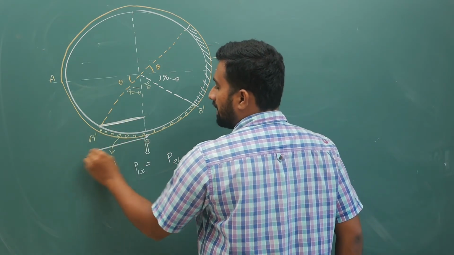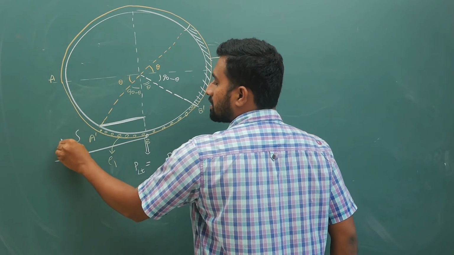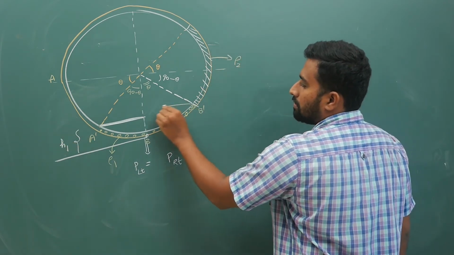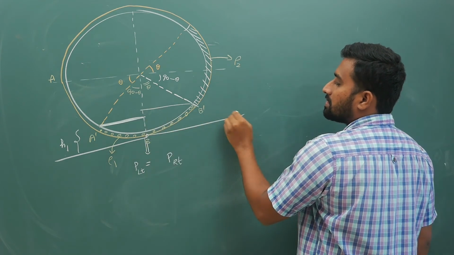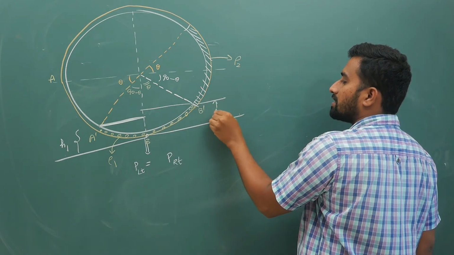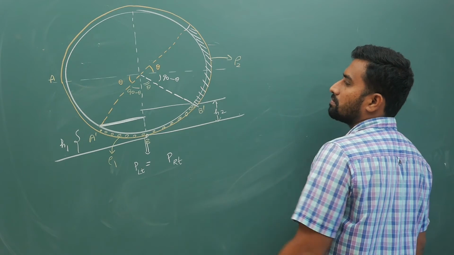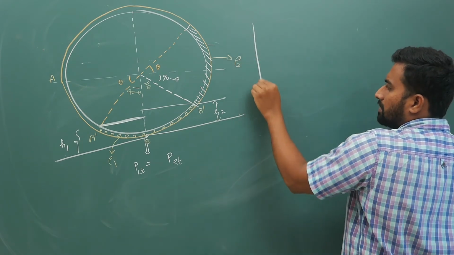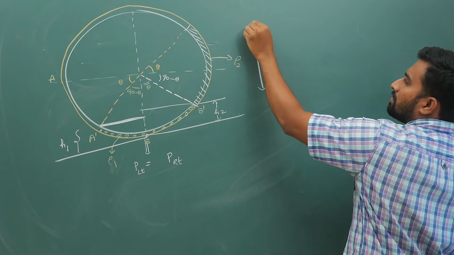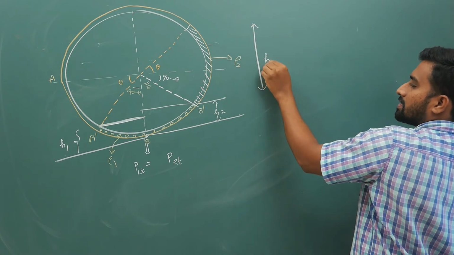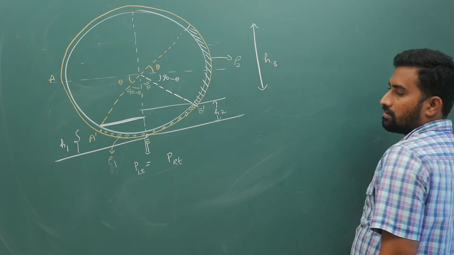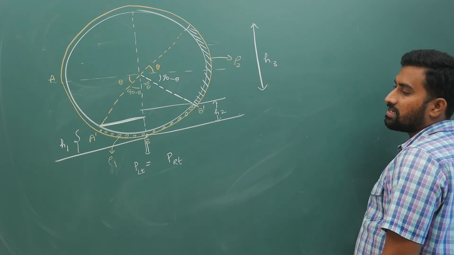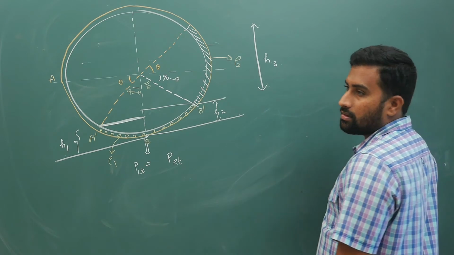Now this height, if you are taking it as h1, this height as h2, and from here to here the height is h3, now I will write pressure from left, pressure from right, everything.